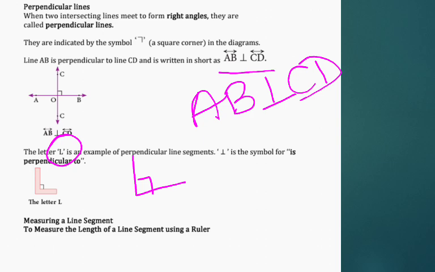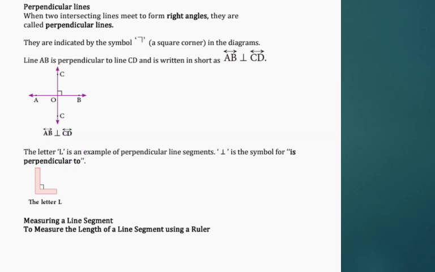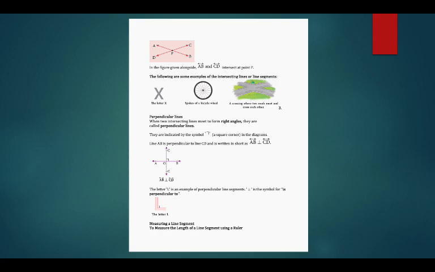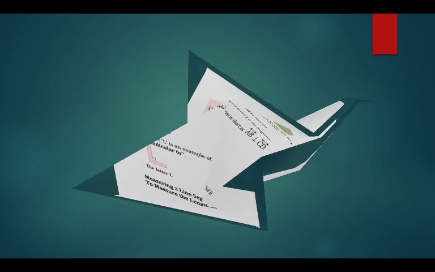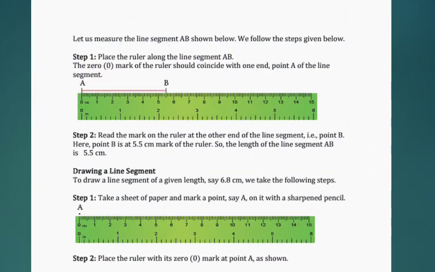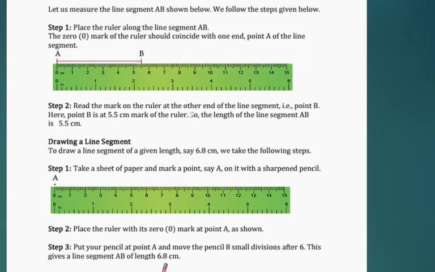Next, how to measure a line segment. To measure the length of a line segment, we use a ruler. That is a scale. How to measure a line AB.